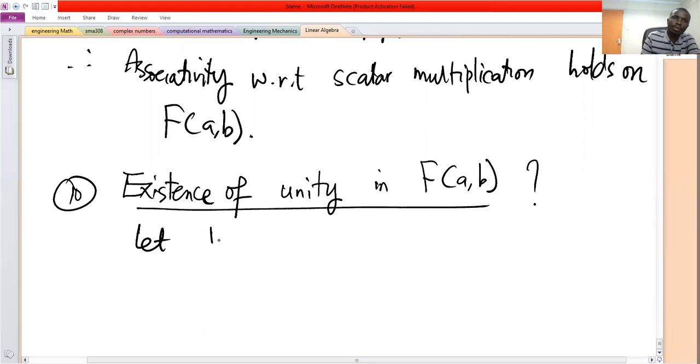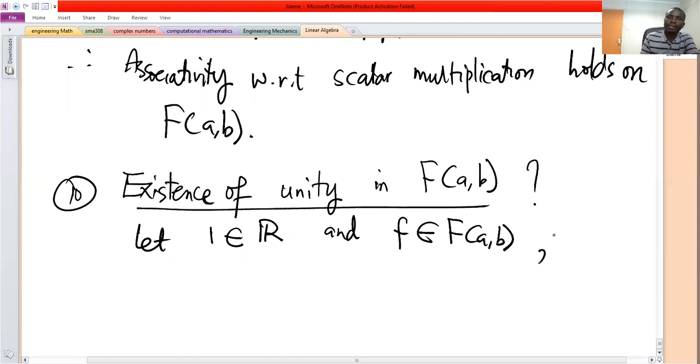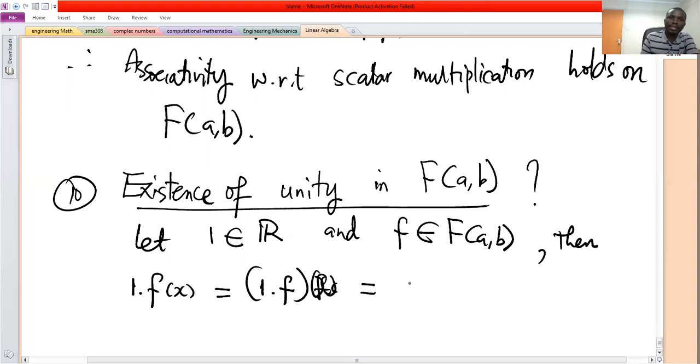So let 1 be an element in R and f be a function in this set. Then when I say 1 times f of x, I'll have 1 times f of x, which is the same as f of x, because 1 and this are just real numbers.